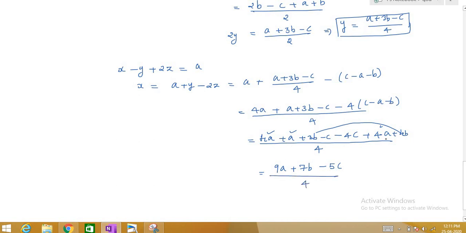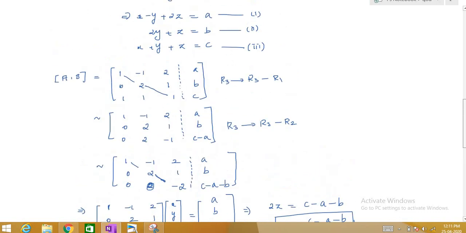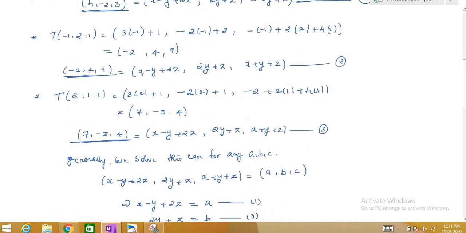So we have found x. What I did is, you can also do this separately. For finding this x, y, z, you can solve these three simultaneous equations, that is x minus y plus 2z is equal to a, and 2y plus z is equal to b, and x plus y plus z is equal to c. But I'm solving this.